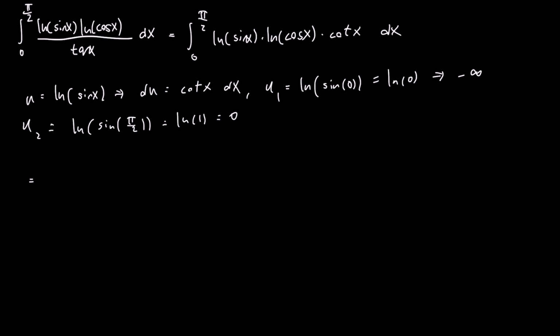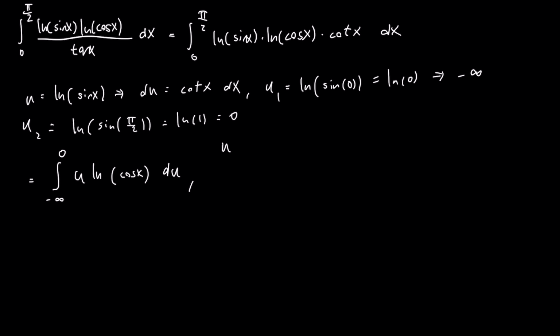So we're going to have the integral from negative infinity to 0 of u, the natural log of cosine x, and cotangent x dx is du. So we have to find a way to get rid of the x's.